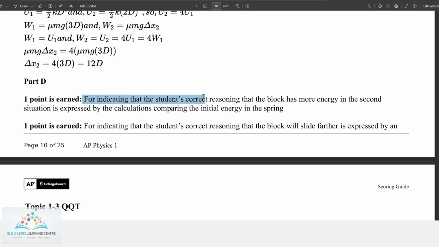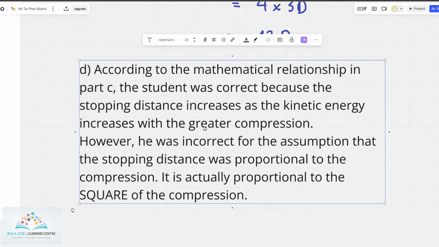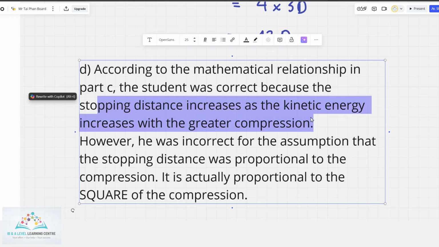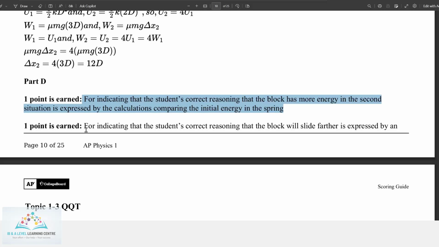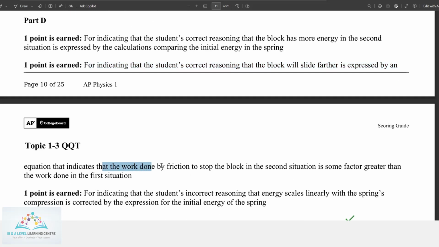Part D: indicating the correct reasoning that the block has more energy in the second situation, expressed by the calculation comparing the initial energy of the spring. Which means the kinetic energy increases with the greater compression, as I mentioned already. Indicating the correct reasoning that the block will slide farther, express an equation that indicates the work done by friction to stop the block in the second situation is some factor greater than the work done in the first situation.